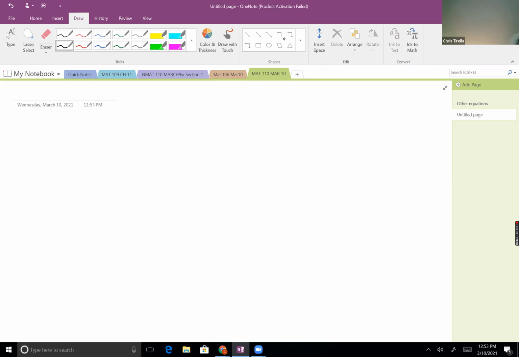This next section, I believe it's section 1.6, is called other equations. And so we're going to look at solving equations besides linear equations, rational equations, and quadratic equations.